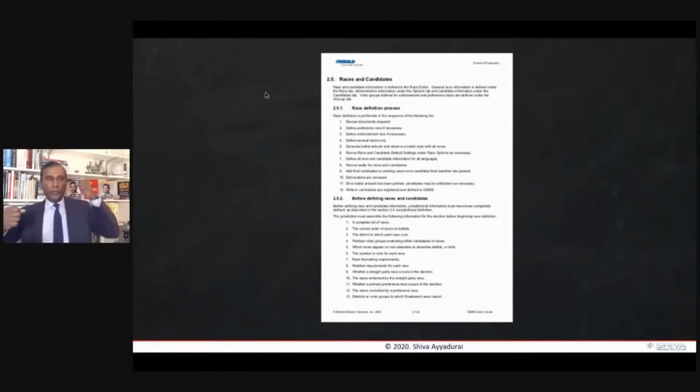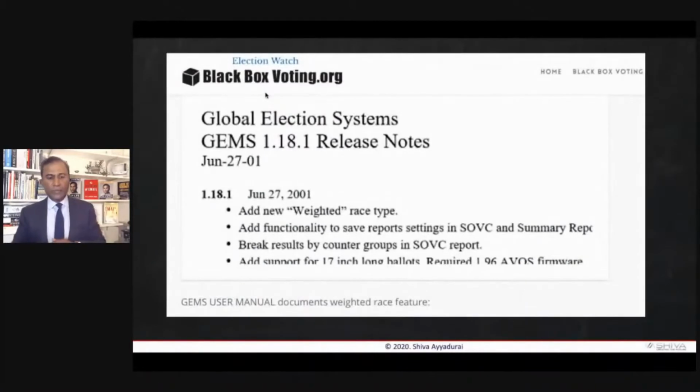It could be a two-person race, person A running against person B. What's interesting, and what Benny Smith brings out, is that in the Global Election Management System, in the GEMS 1.18.1 release notes, on June 27, 2001, Diebold introduced a very new type of race. They called it the weighted race. And this is right out of their release notes. It says, add new weighted race.